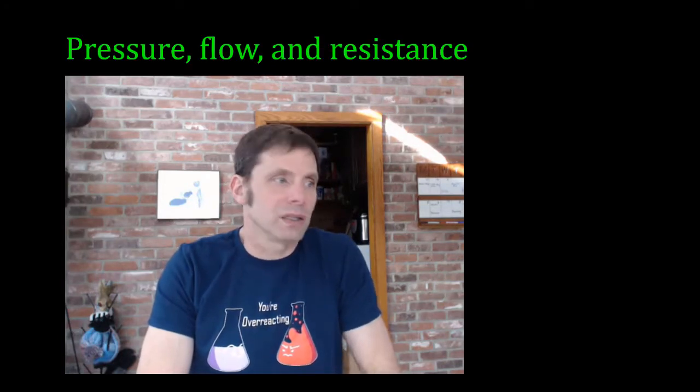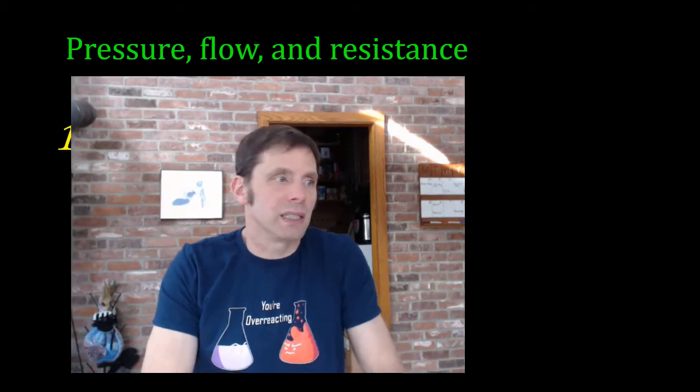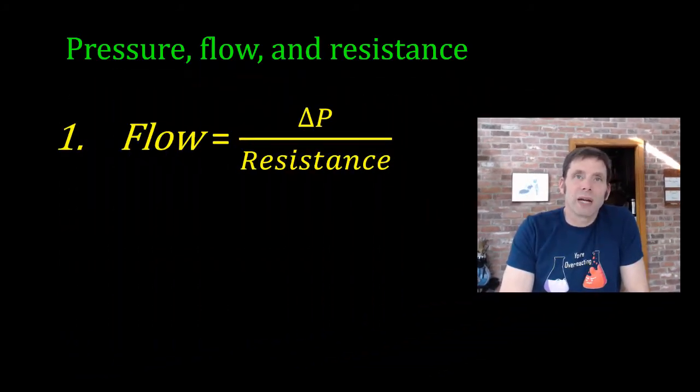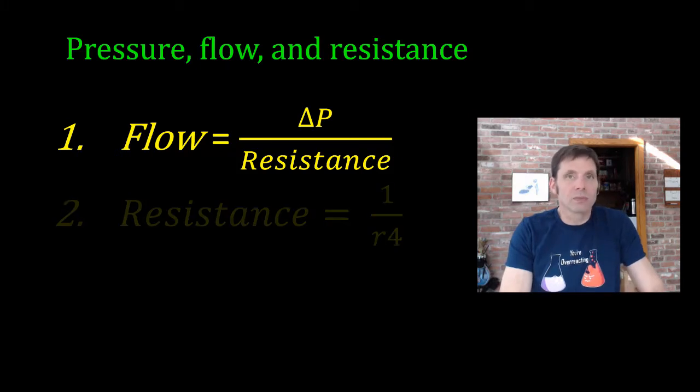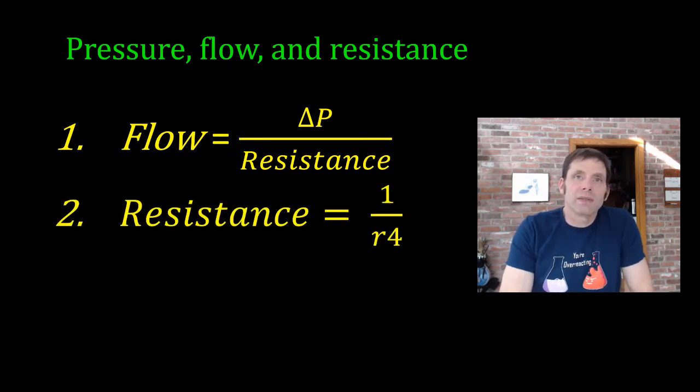Today we're going to look then at three relationships. First, the fact that blood flow increases as pressure increases and slows down as the resistance of the vessels increases. The resistance of the vessels is determined primarily by the radius of those vessels.